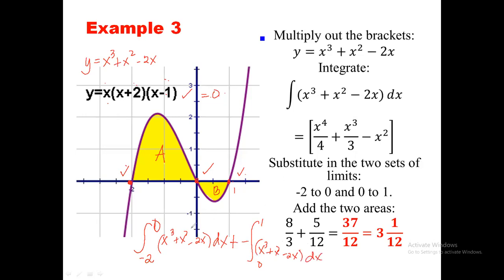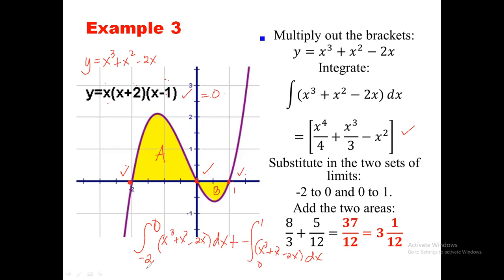When you evaluate this integral and this integral, your answer will be actually the same. X to the 4th over 4, x cubed over 3, minus x squared. For this one, for the negative 2x. However, for the first term, your limit will be negative 2 to 0. So 0, wala na siya.